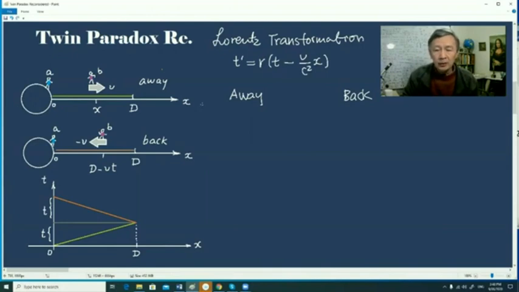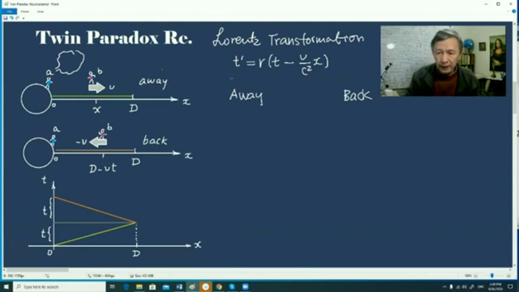In this case, we just focus on observer A. Everything we write down here is made by twin A. This is how observer A would do the analysis, using the Lorentz transformation, and eventually draw his conclusion.